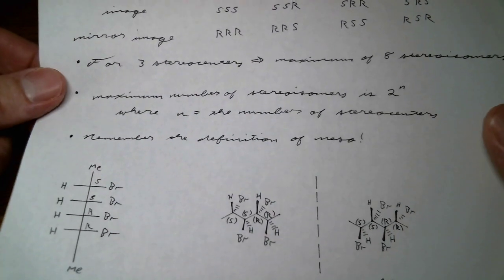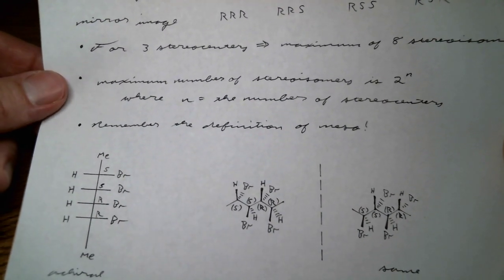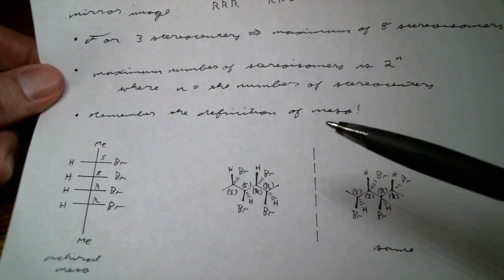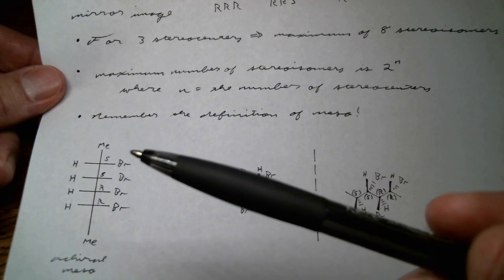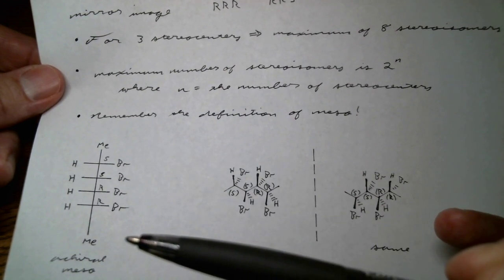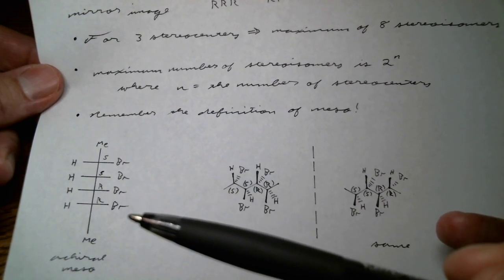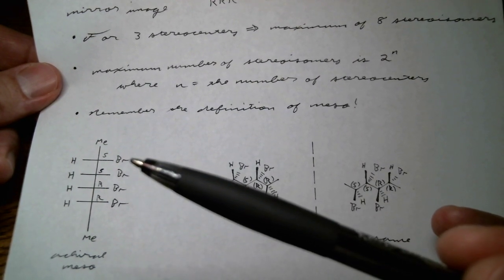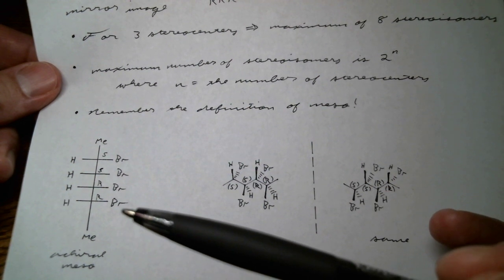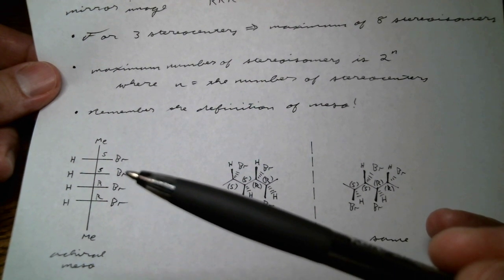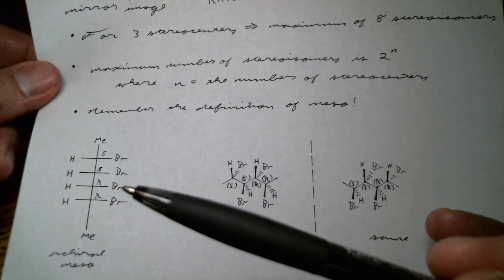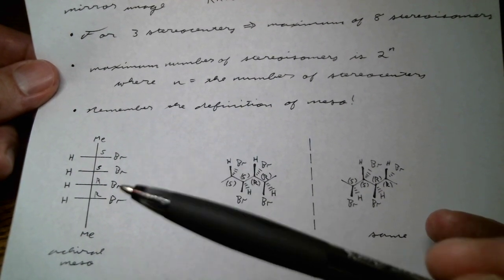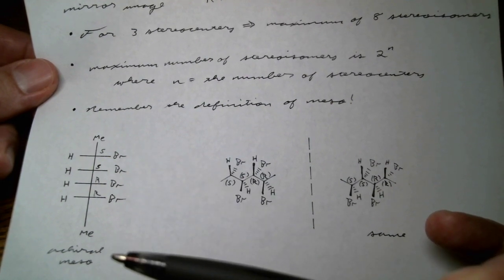So remember the definition of meso, a molecule that has 2 or more stereocenters, but that is achiral. So for example, how about this molecule, 2,3,4,5-tetrabromohexane? In this particular stereoisomer of it, we've got the 2S, 3S, 4R, 5R tetrabromohexane.